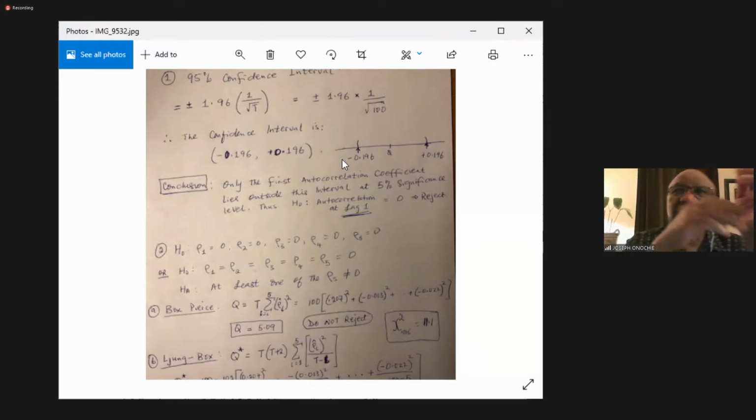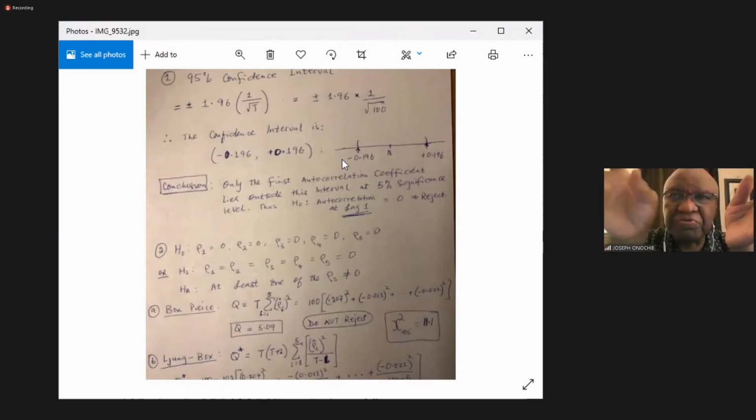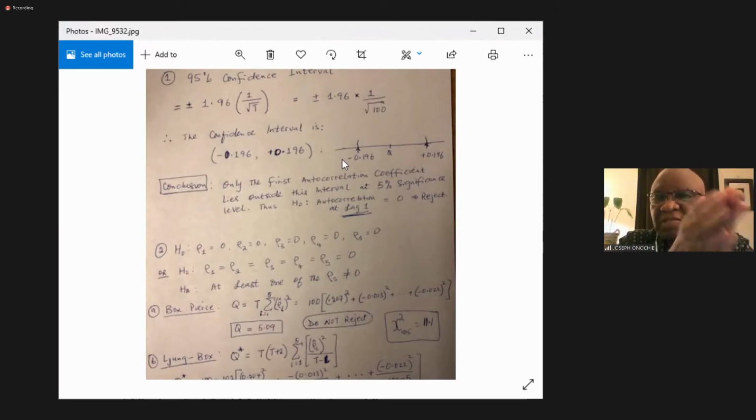So my null hypothesis says anything within that range, we should consider it equal to 0. And the alternative says if it's not inside that range, then we should reject the null of 0. So for lag 1, that autocorrelation at lag 1, do you reject the null of 0 or do you not reject the null?